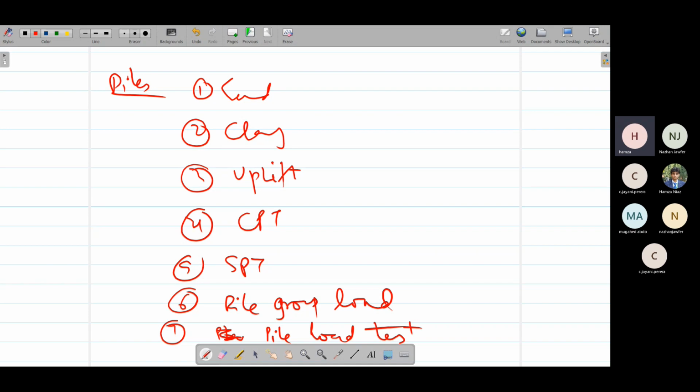So all these things we have covered. Pile load, group load. The last thing is the most important one.